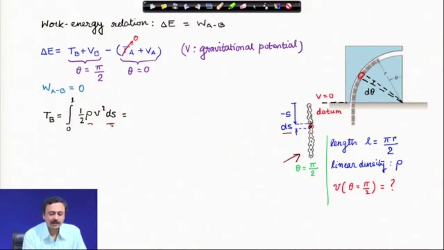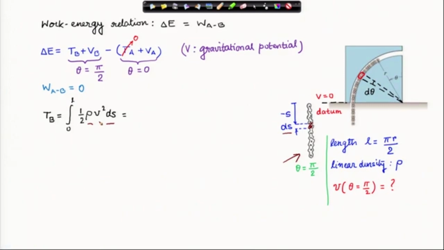Half of mass of little element times velocity square is the kinetic energy of this little element, and if I integrate this expression from 0 to L, that will give me the total kinetic energy of the chain. If you do this calculation, then it is half of rho L v square.